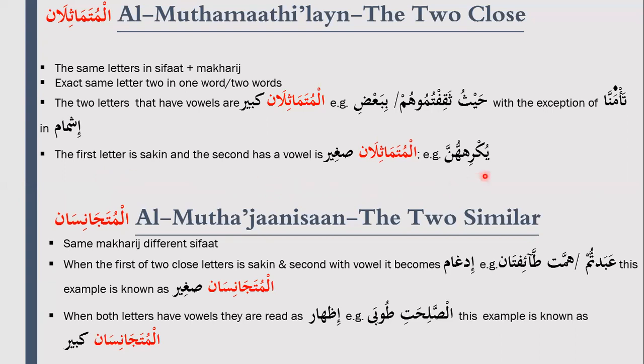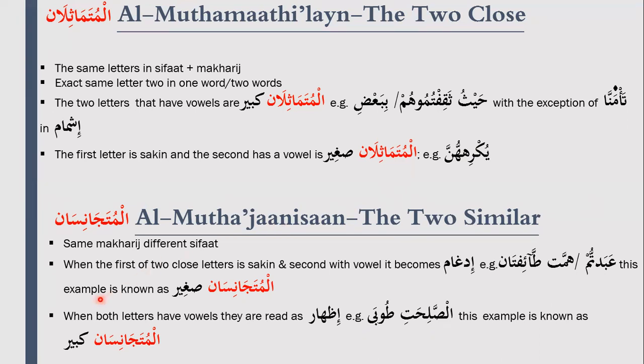So in this example, yukrihunna, here you have the 2 has. The first ha is sakin, meaning it has no vowel on it. The second ha has a dhamma on it. And we say yukrihunna. It is known as al-muthamathilan saghir.